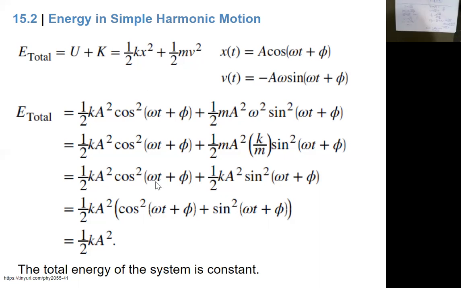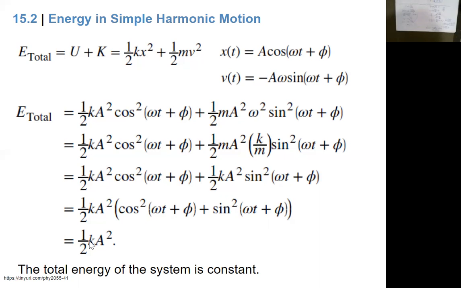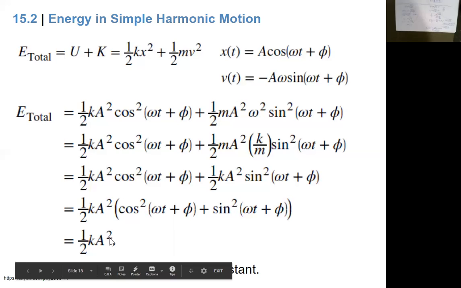Then you have cosine squared plus sine squared, which should equal 1. So the total energy in simple harmonic motion just becomes 1/2 kA squared, where k is the force constant and A is the amplitude. If amplitude is given, then this is fixed and not changing. So the total energy in simple harmonic motion doesn't change. Total energy is constant.